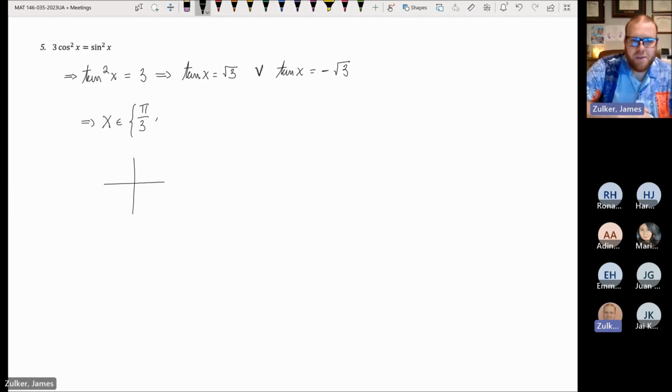Right, so what quadrant are we going to be in? Right, yes, 4 pi over 3. So we didn't need that.